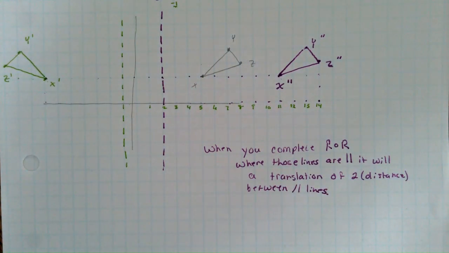So that's kind of neat. It's because they were 3 apart, I could have just figured out that it was going to do a translation of 6. So composition, again, is just a chain reaction. They're going to have an open circle to show that.